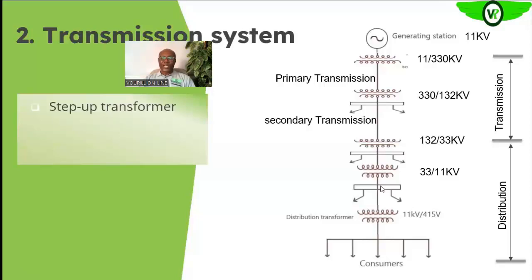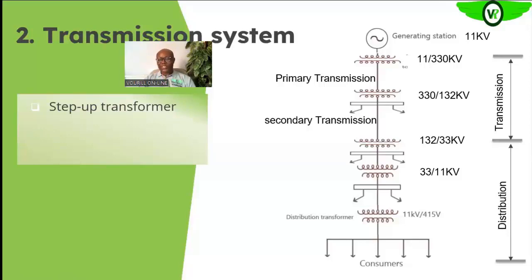So now, if you look at it clearly, this is the transmission system. So you see that the first component or equipment that you will see in the transmission line, okay, starting from here, is what? The step-up transformer or the transmission transformer. As clearly shown by the voltage transformation ratio, it is meant to take the voltage from a lower level to a higher level.